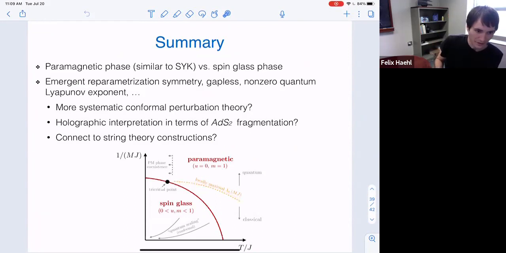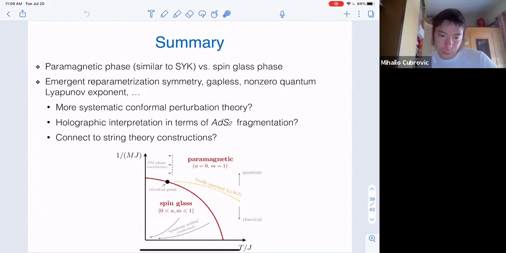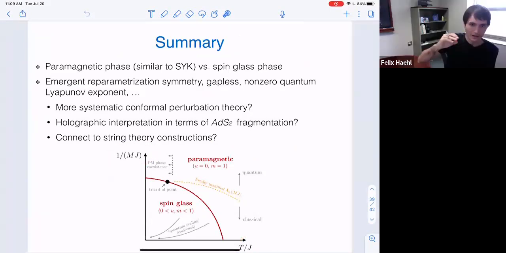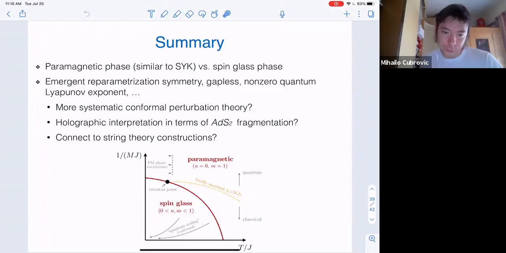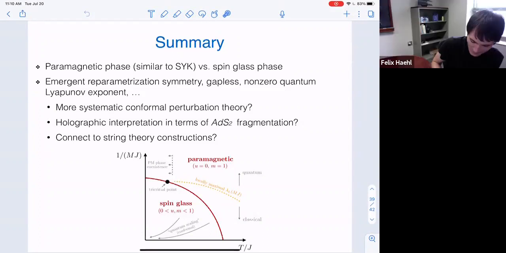So this is a schematic phase diagram, again, as a function of temperature and this other coupling. And these maxima in the Lyapunov exponents as a function of the coupling lie roughly on some curve like this, above the spin glass transition. And they seem to approach this tricritical point here.